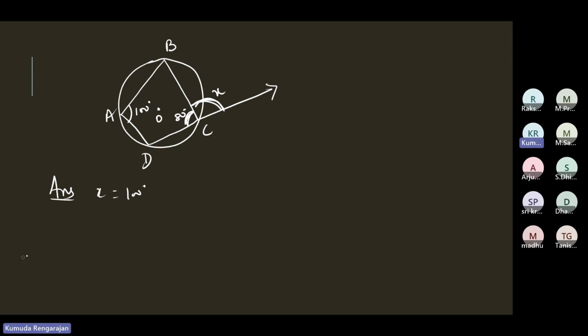X is equal to 100 degrees. Exterior angle, this is the exterior angle. This is the interior angle. So the interior opposite angle is this one.